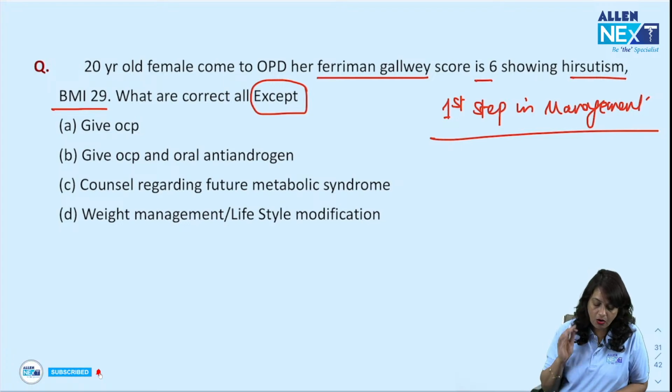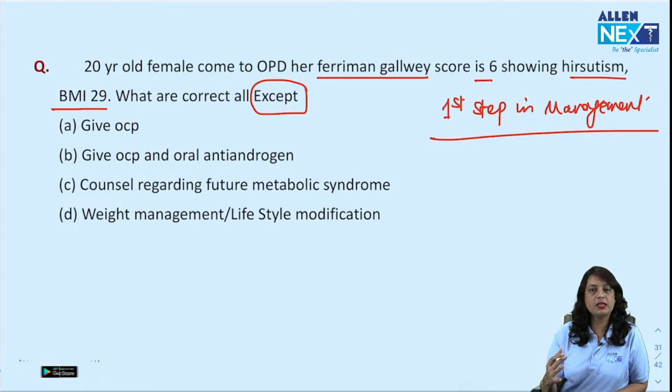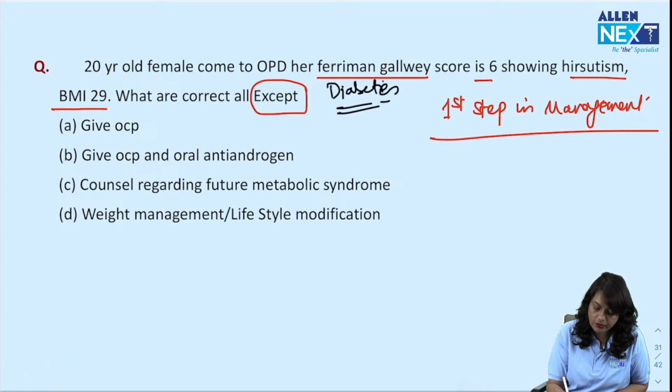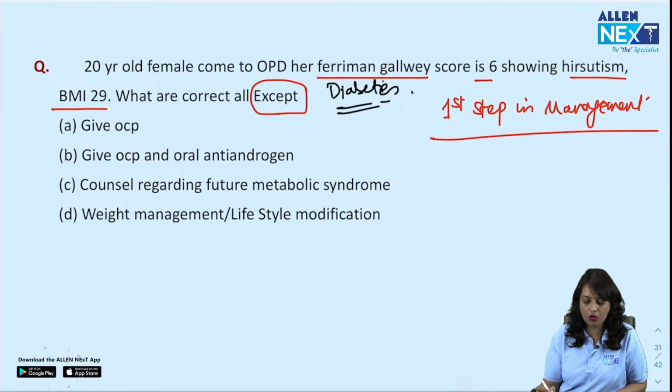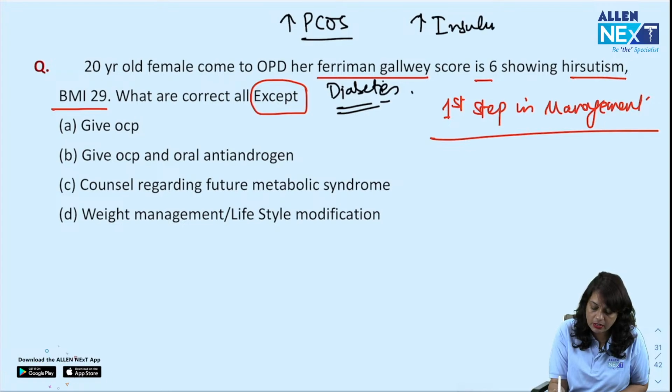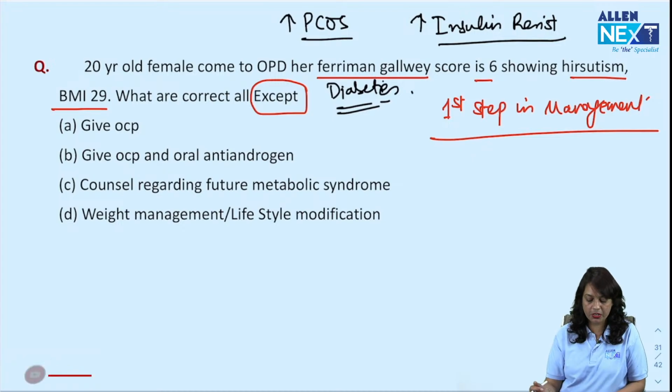Friends, I think in this question the case of diabetes was also given somewhere. The diabetes is because of the increase in insulin resistance occurring in PCOS patients.